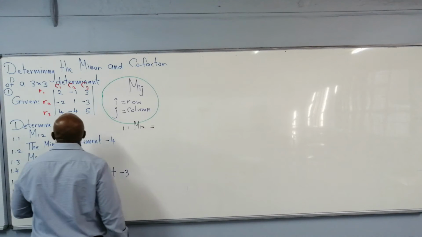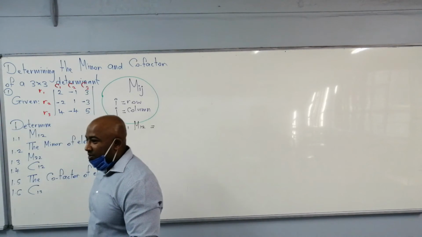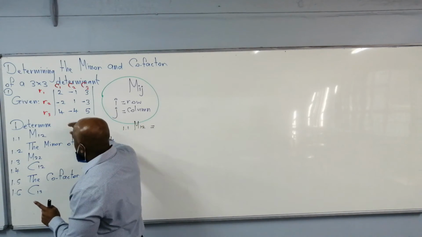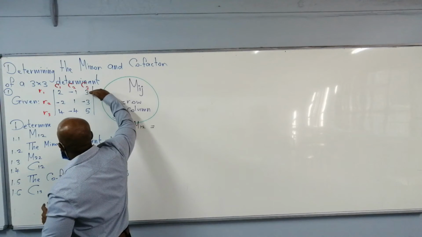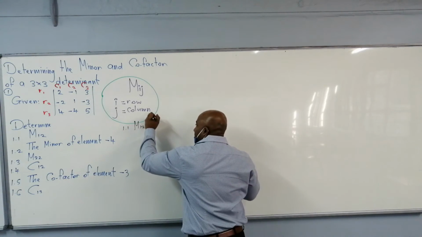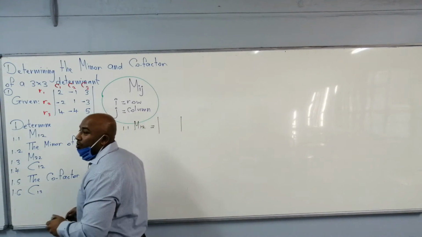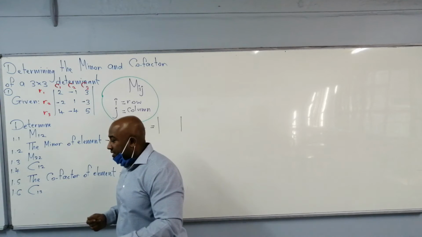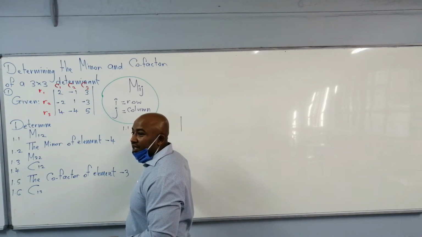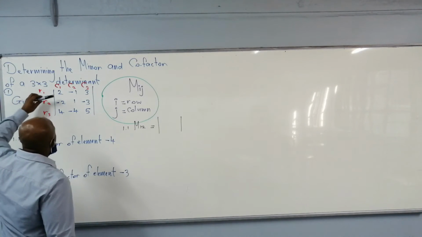Okay, so where is row 1 and where is column 2? Can you see row 1, column 2? Yes. Now, what you're going to do is, here's row 1, and there's column 2. You're going to draw your determinant line here, and you are going to block out all the numbers that lie in row 1 and all the numbers that lie in column 2. When I say block it out, just take your hand or pencil and block.